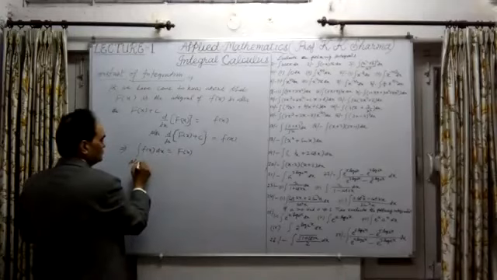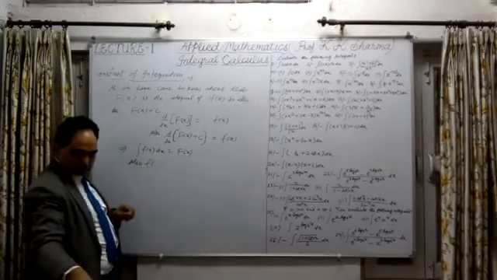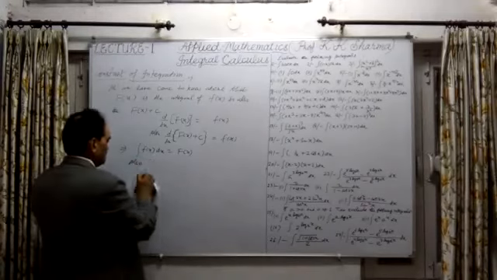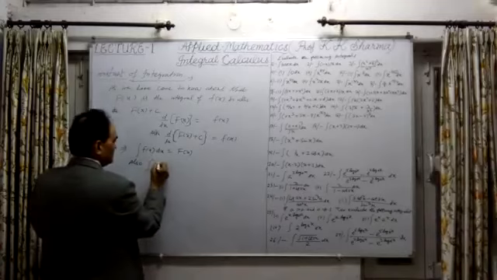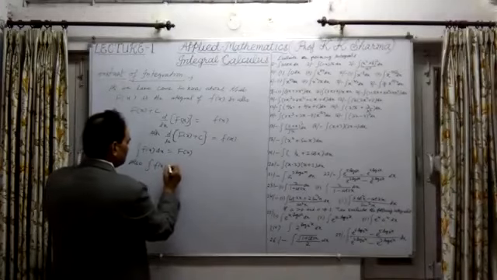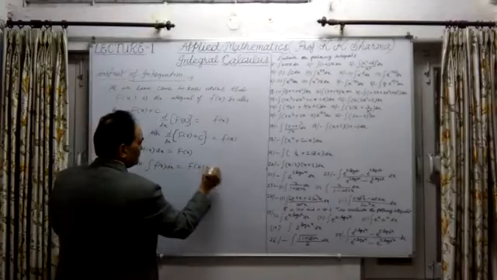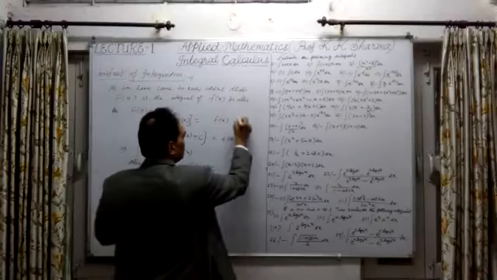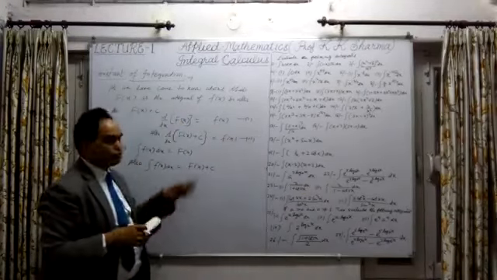Also, the integration of f(x) dx is equal to F(x) plus c. This is the first and this is the second. So from the first and second, what do we get?